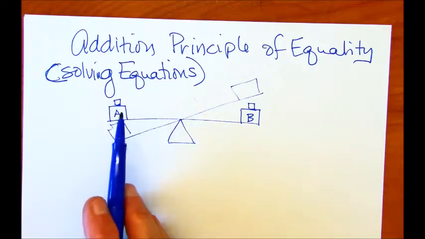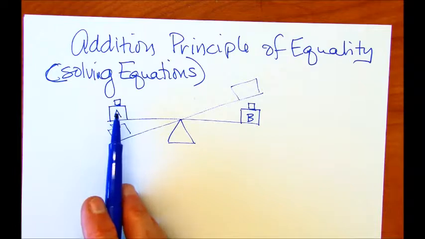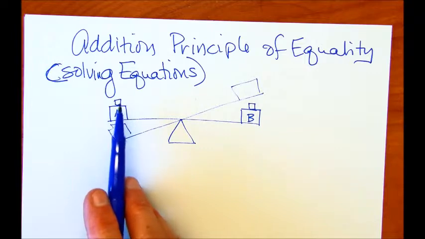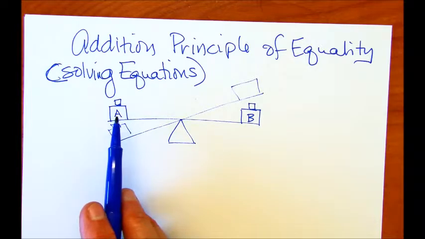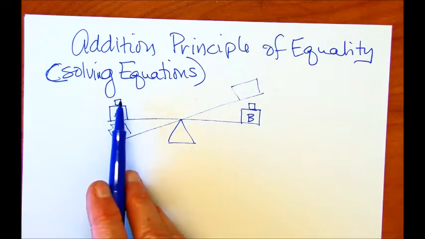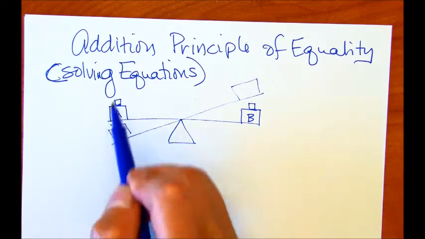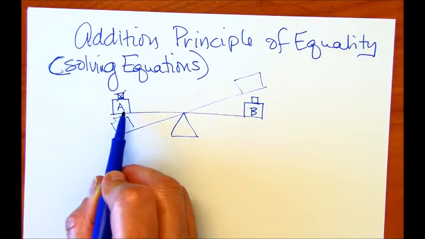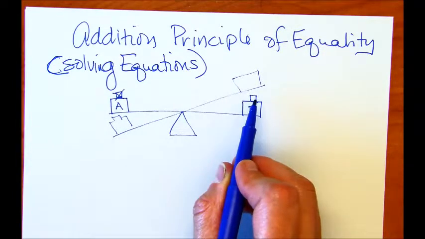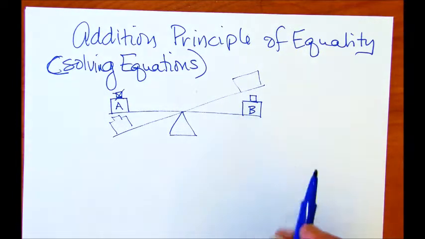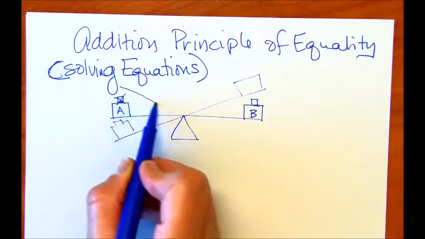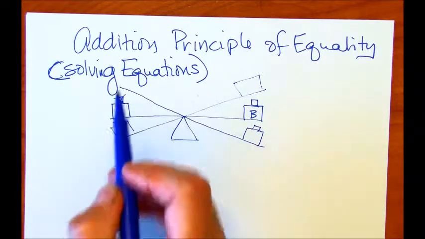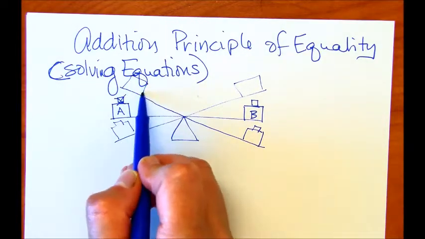The same thing applies if we were to take away. Say my left side originally had these two boxes, one smaller than the other, and size here doesn't matter. If I took away the small box here but did not take away the small box on the other side, then this side would be heavier, and the left side would be lighter.